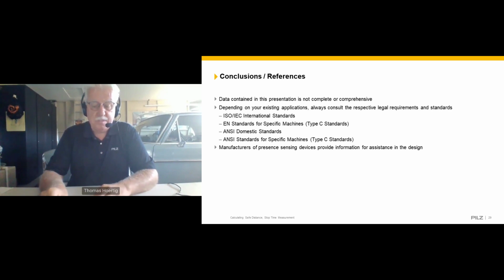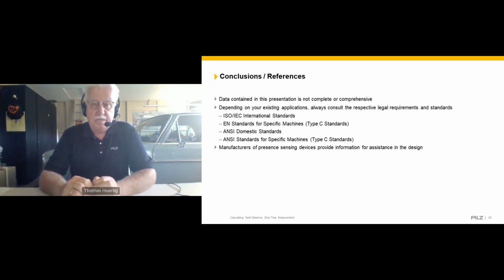They are also called Type C standards. Then we have the ANSI standards and the specific machine type standards in ANSI, the Type C. For example, ANSI B11.2 for presses, hydraulic and pneumatic. That's a Type C standard. Or ANSI RIA 1508, version from 2020, that's also a Type C standard.